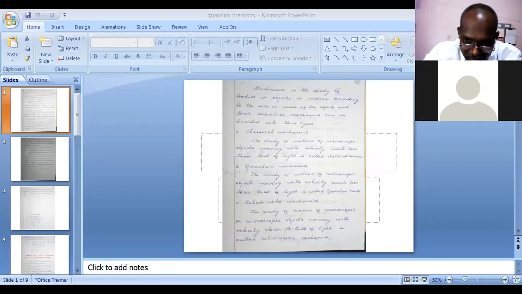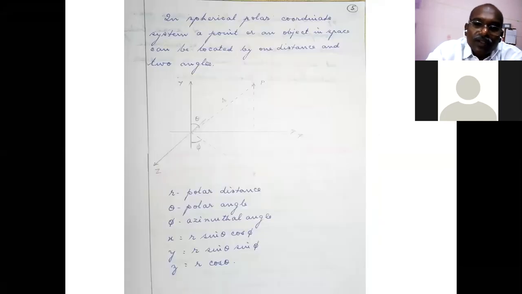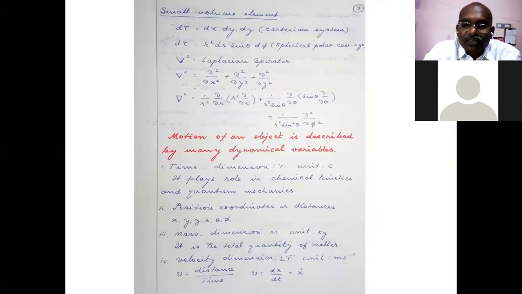Now I'm going to present the rest of the dynamical variables. The first dynamical variable is time. So whenever you discuss the dynamical variable, you have to be very clear about the dimension and the unit.